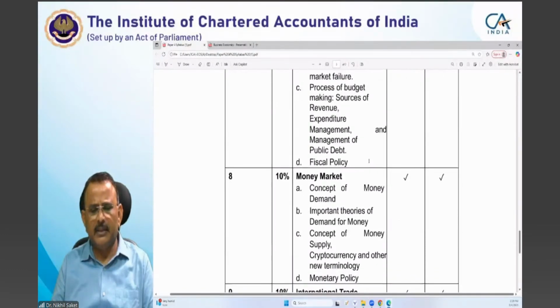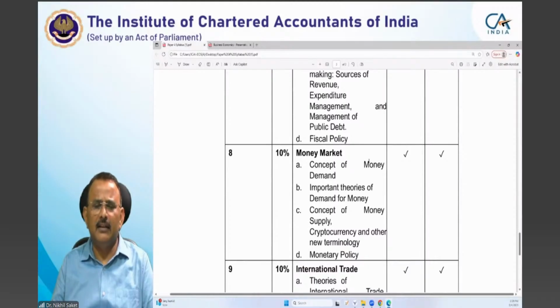Next is the money market. Again, this is a very important concept, right? Like the concept of demand for money, then various theories of demand for money, the concept of money supply, monetary policy, the different indicators, M1, M2, M3, M4, calculation of what is broad money, what is narrow money, all are explained in your module.